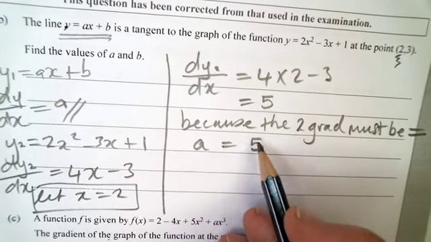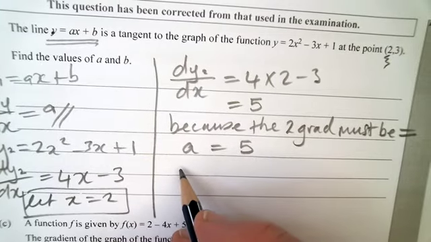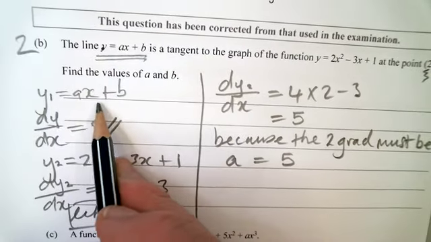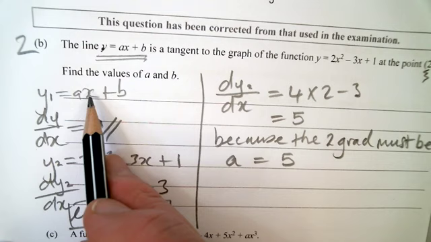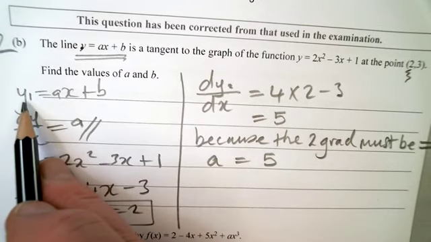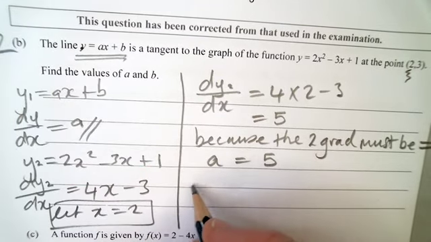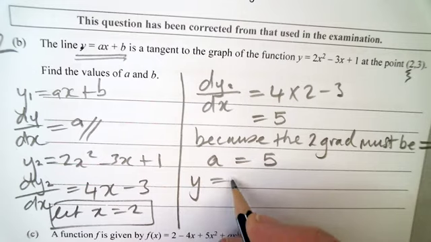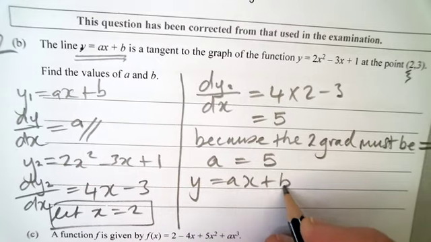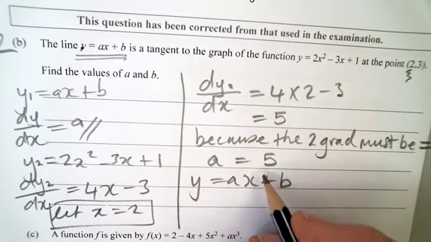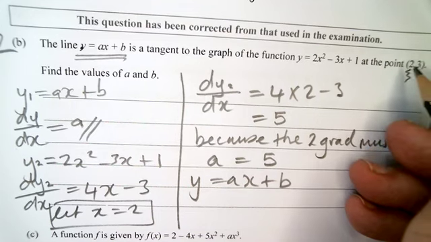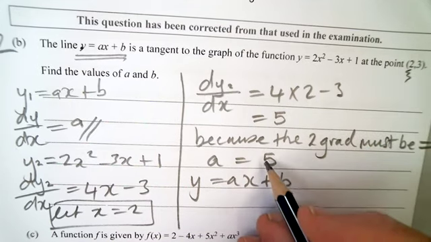Now, we know, for example, that y is ax plus b. If I put a 2 in there, and I put a 3 over here, so we've got y is ax plus b. And we know that y is 3, x is 2, and a is 5. Let's go ahead and do that.